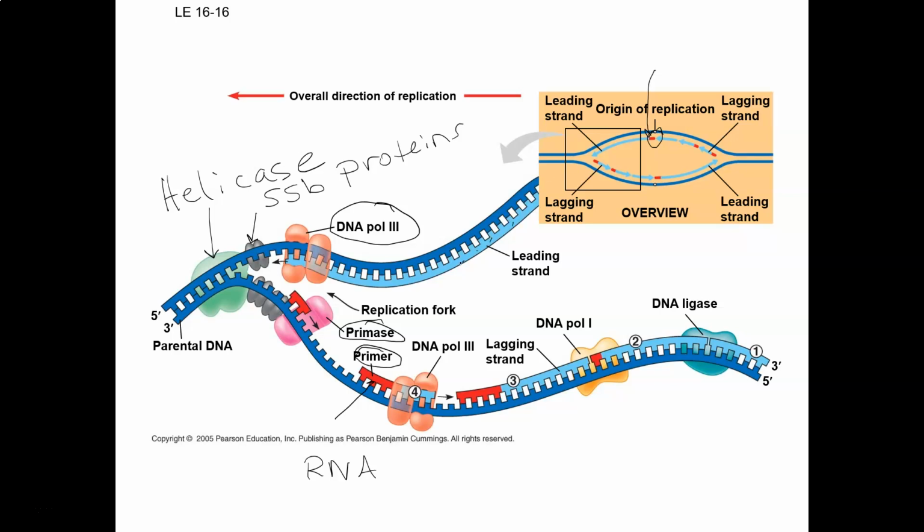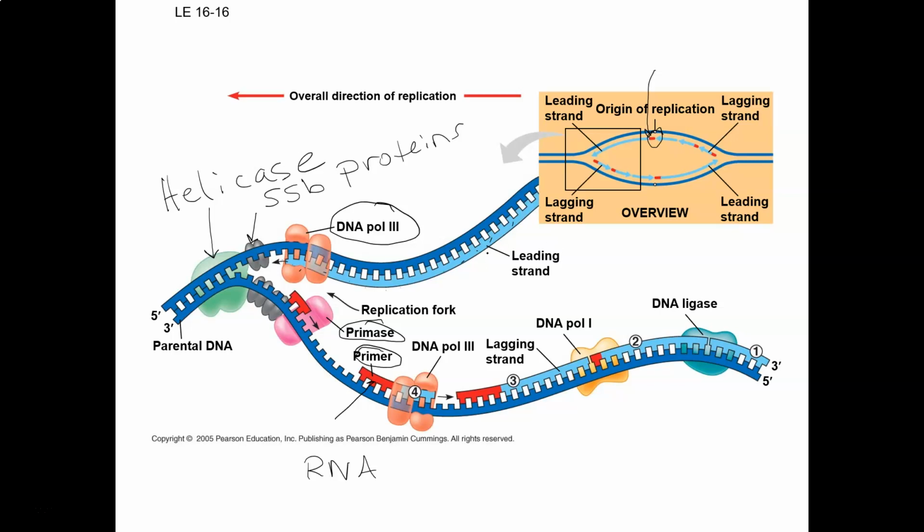And it's going to add nucleotide after nucleotide, growing the chain, and as it does, the DNA is going to keep unzipping, and so it just keeps adding. They call this the continuous chain, the leading chain, rather.